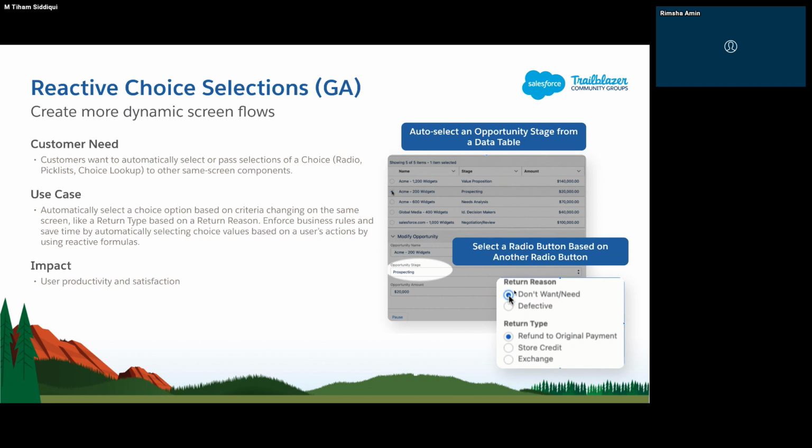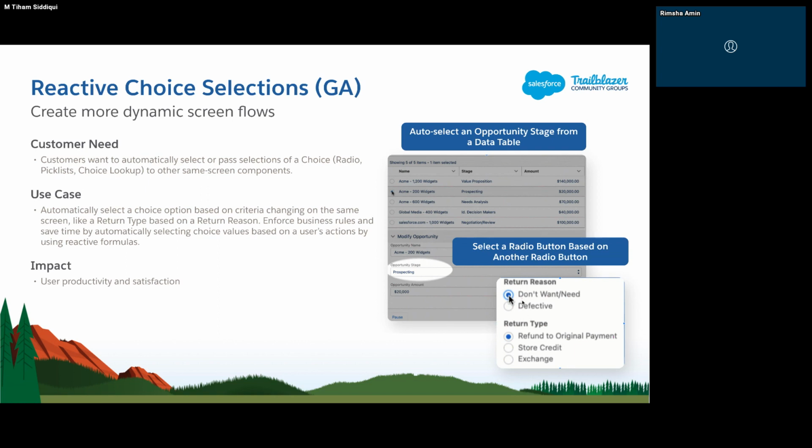The other example is, you can see that there are two components, two radio buttons. The first one is return reason and the other one is return type. The return type is acting upon the selection of the return reason.